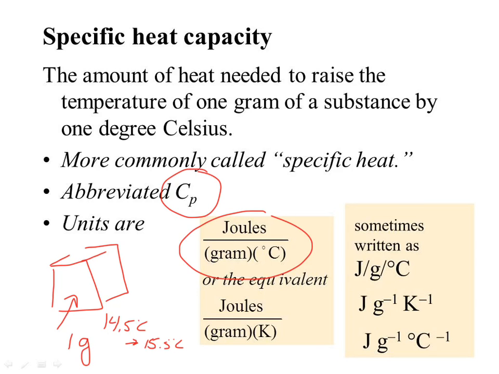So like this says, and we're going to call this delta T, the change in temperature is 1.0 degrees Celsius. Okay, so that actually is the specific heat. The energy you need to raise 1 gram of that material up 1 degree Celsius, so you look it up. So there are different ways of expressing that.